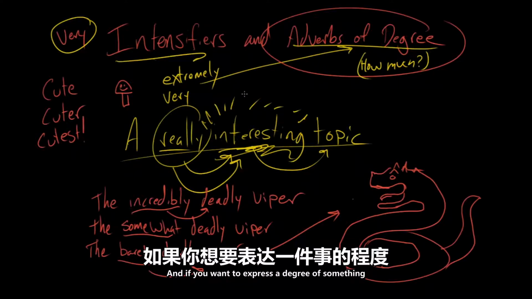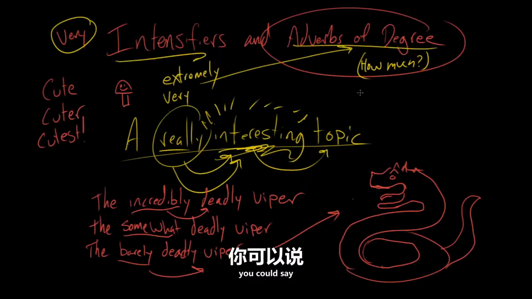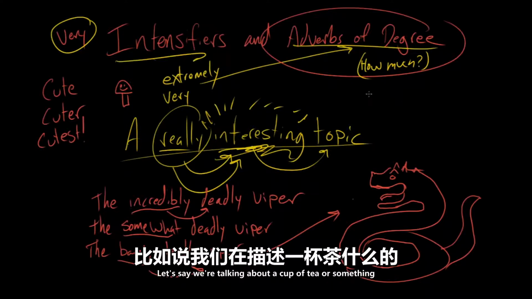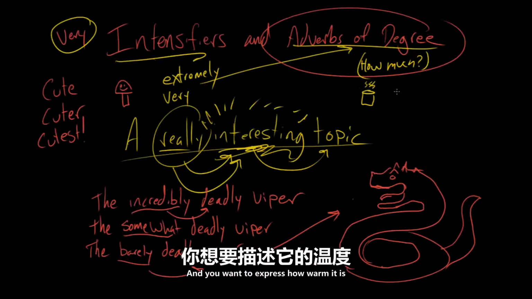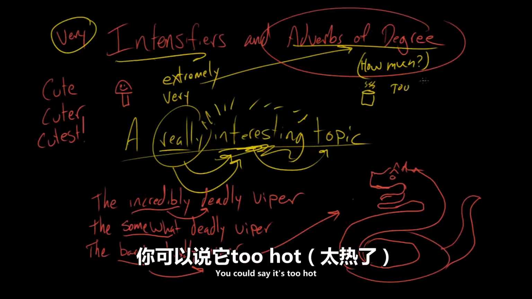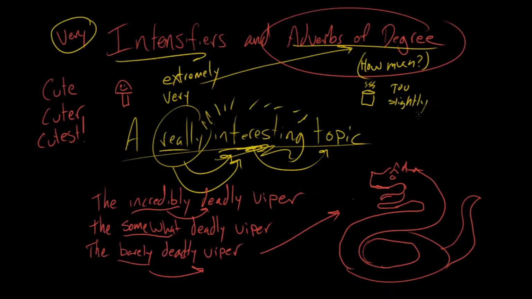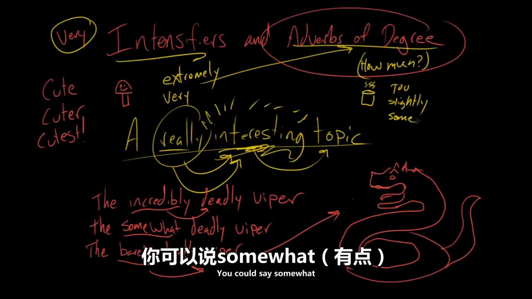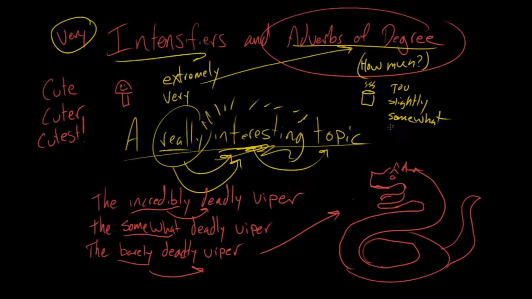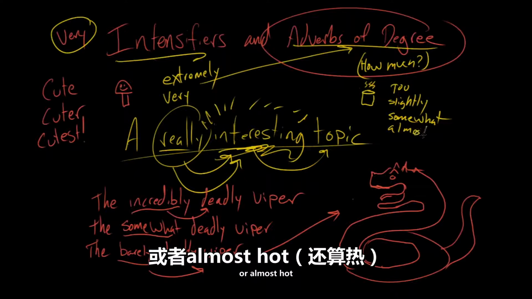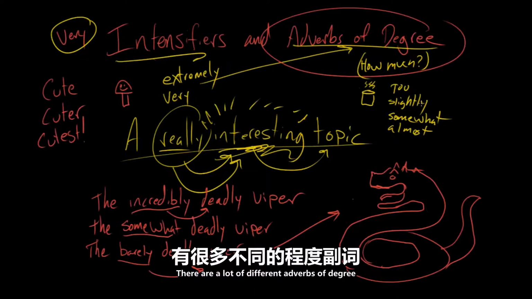And if you want to express a degree of something, let's say we're talking about a cup of tea and you want to express how warm it is, you could say it's too hot. You could say it's slightly hot. You could say somewhat or almost hot. There are a lot of different adverbs of degree, but that's basically the distinction.